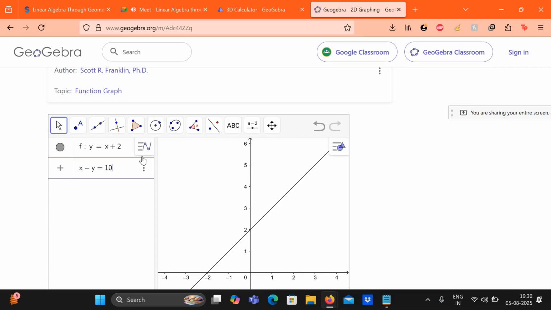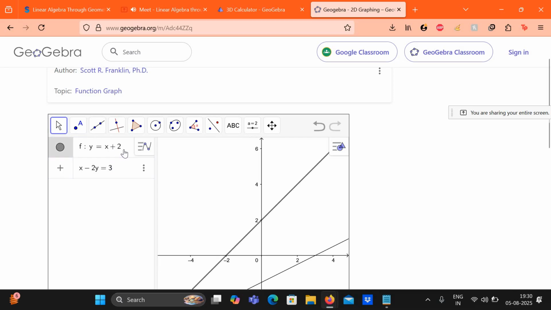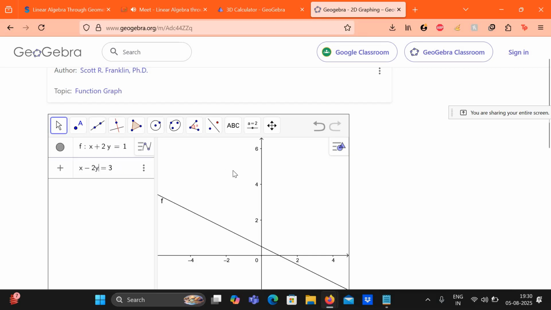Okay, I need to put another here: x minus 2y equals 3. Or let's do x plus 2y equals 1. Is it better?